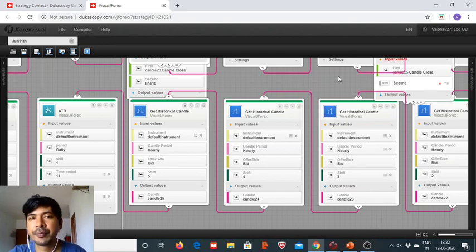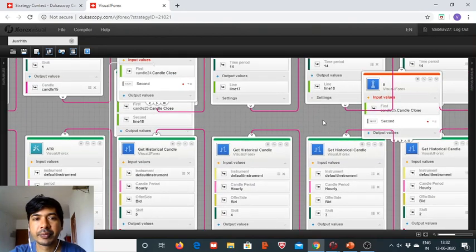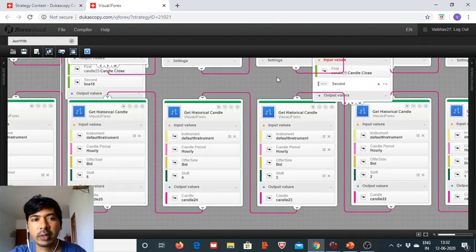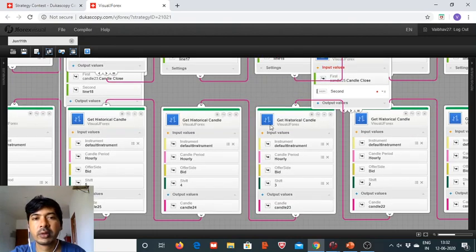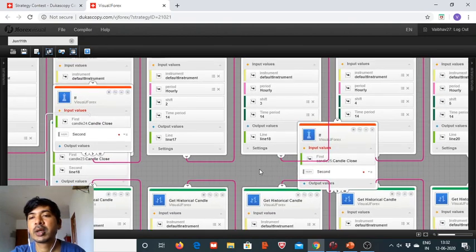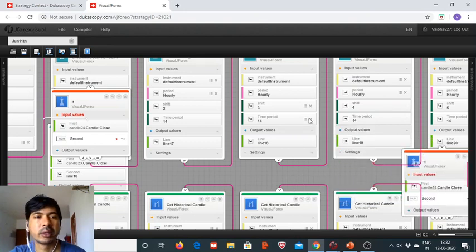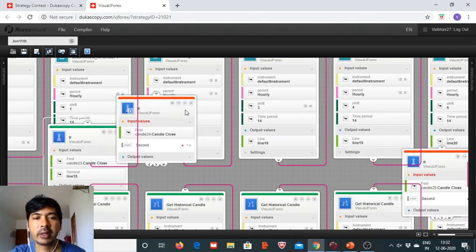And here the candle 24 is the candle with look back period of 4, and it will need to be compared to the respective linear regression value, which is line 19.